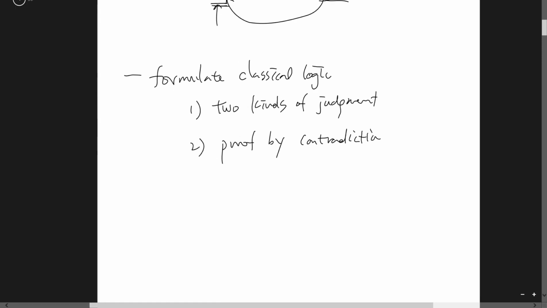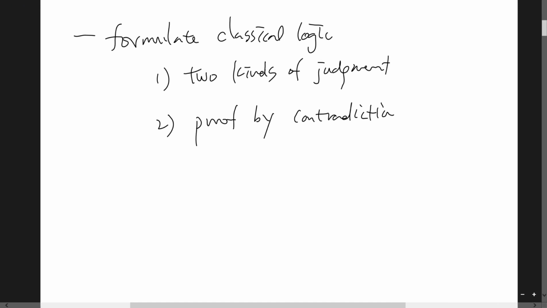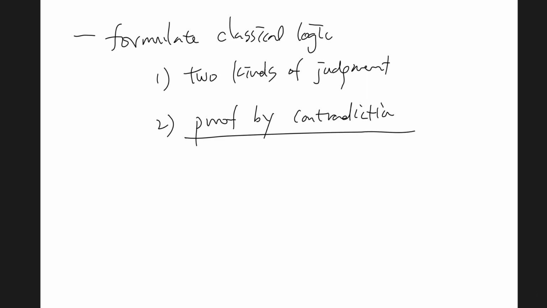So if you recall any proof based on classical logic, then we notice that the heart of any proof based on classical logic is actually proof by contradiction. You always try to generate contradiction after making an assumption that the conclusion is false.